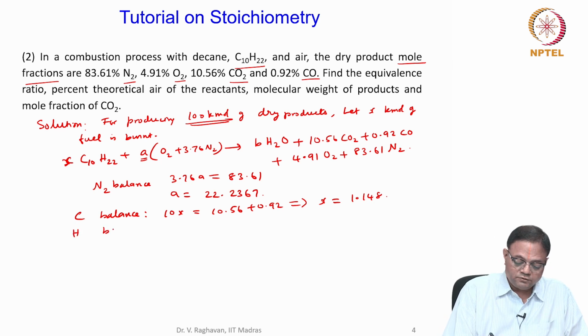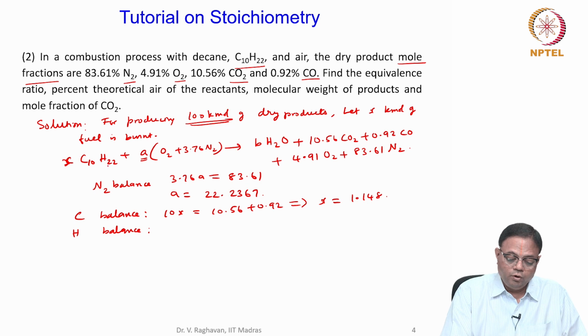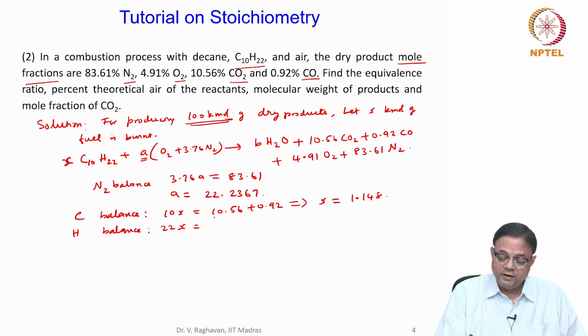Then H balance, 22 into X, 22X equal to B into 2, correct, 2B. So that means X I know 1.148, so I can solve for B, which is 12.628.